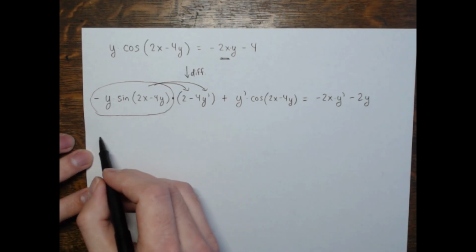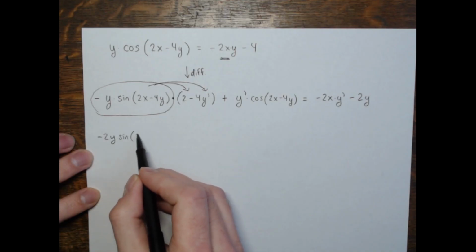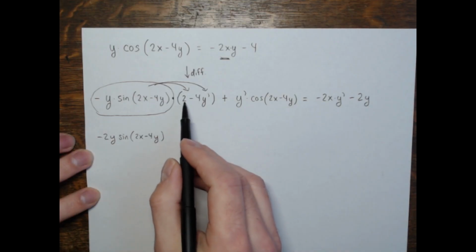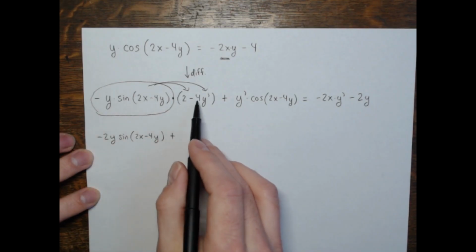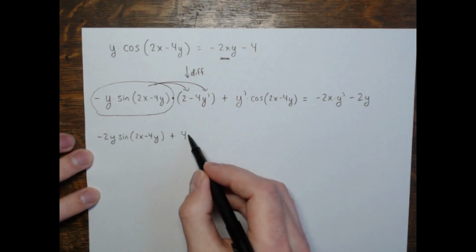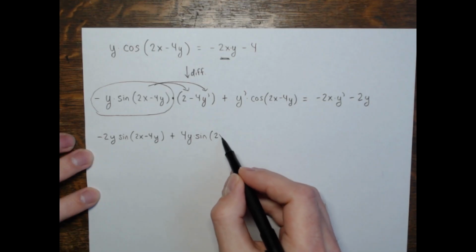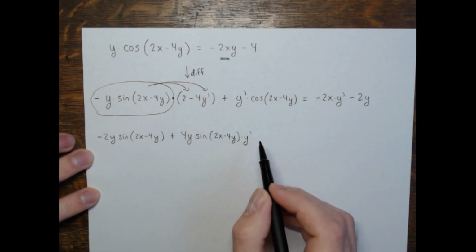So this would be -2 times y times the sine of 2x minus 4y, and then plus, negative times negative plus 4y times the sine of 2x minus 4y times y prime.